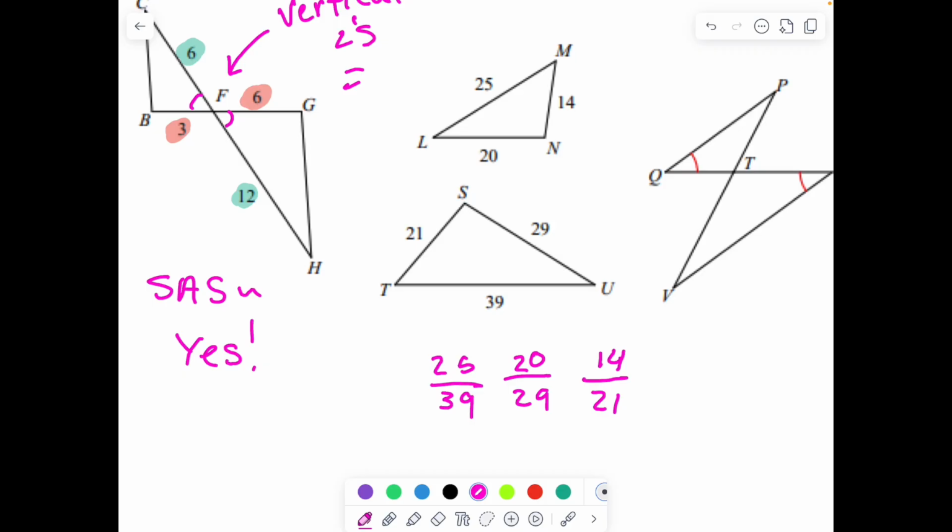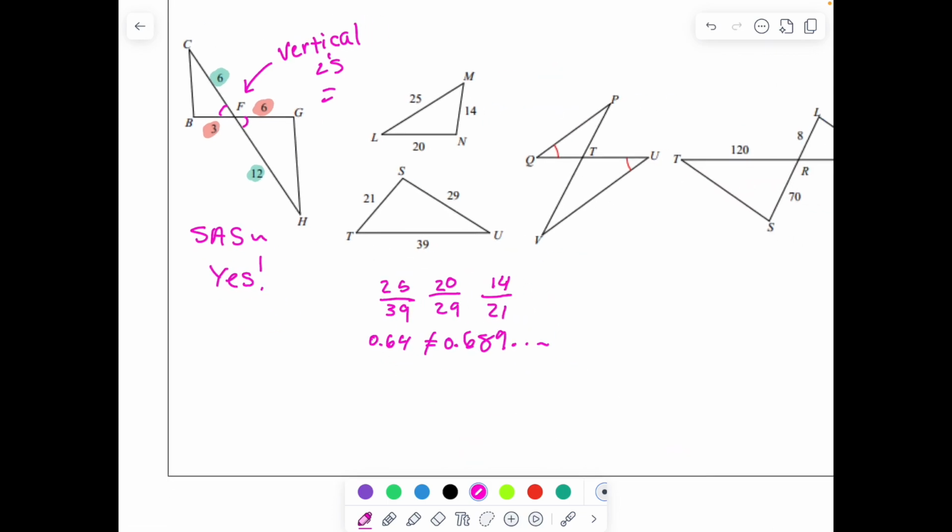This does not look like it's going to be good, but real quick, 25 divided by 39 is 0.64. 20 divided by 29 is not the same thing. It's like 0.689, continuing to go on. So no, these are not similar.